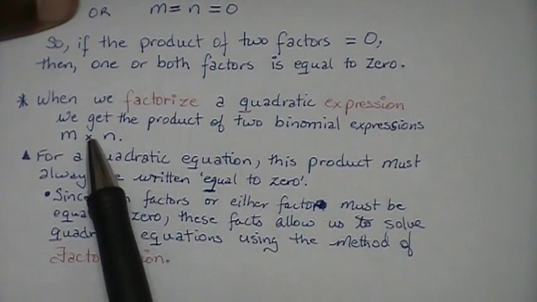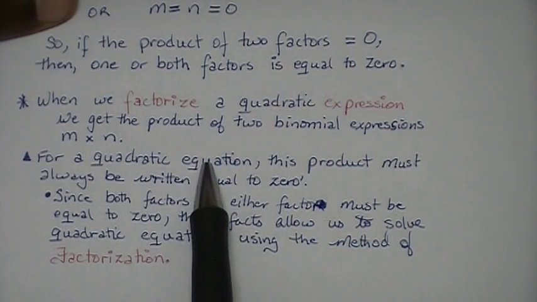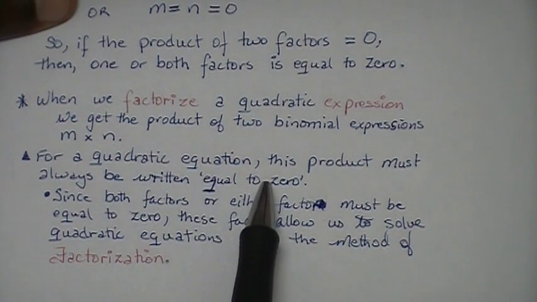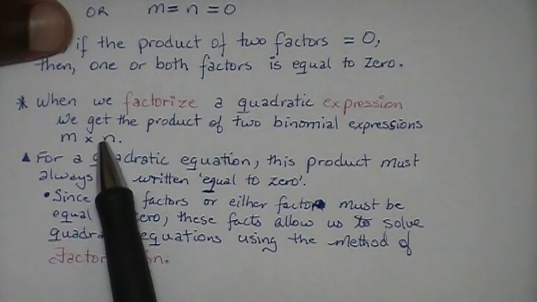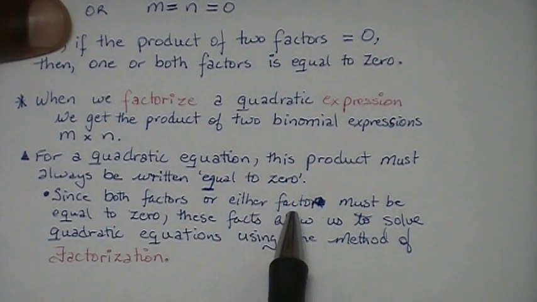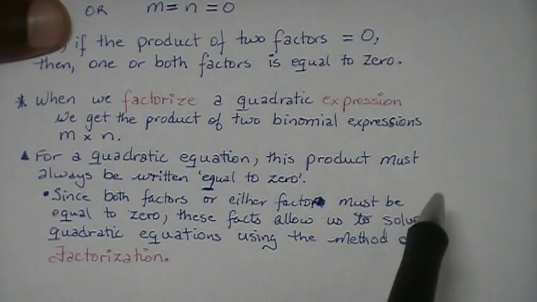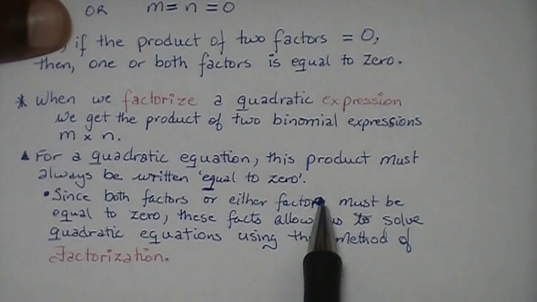For an expression, it's just a binomial times another binomial. For an equation, unlike an expression, it must be equal to 0. Those two factors must be equal to 0. Now, since both factors are equal to 0, or either one is 0, these facts allow us to solve quadratic equations using the method called factorization.